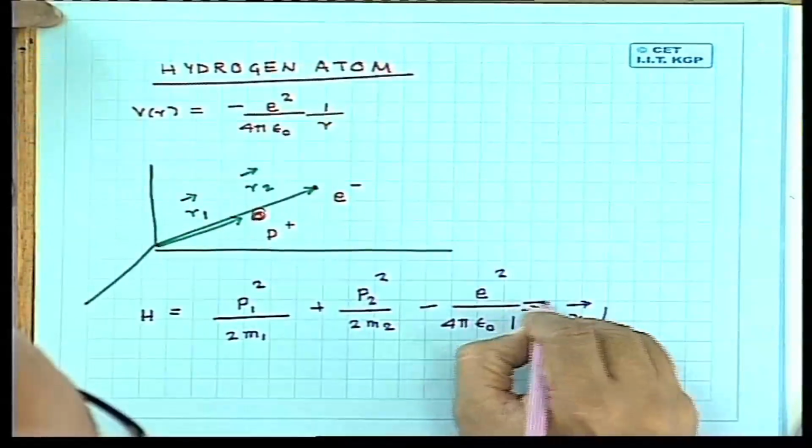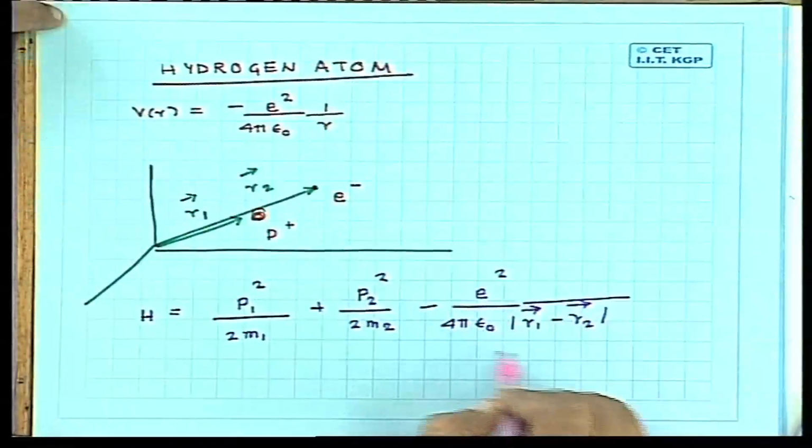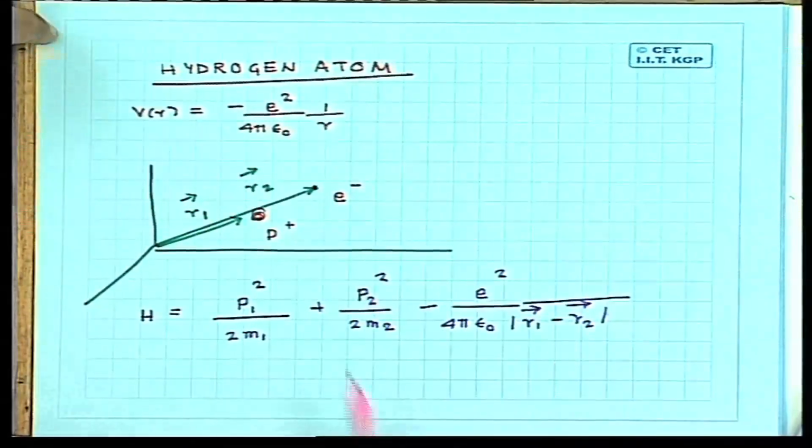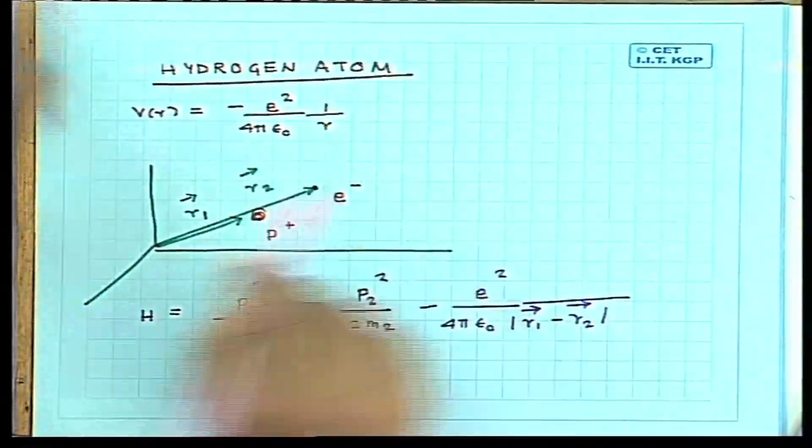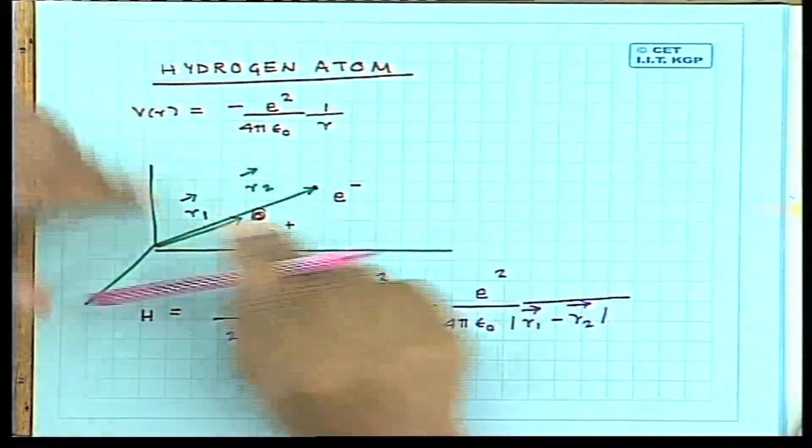This is the Coulomb attraction. So, the potential depends on only the distance between these two particles.